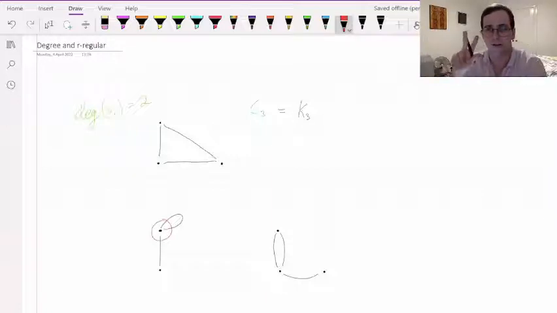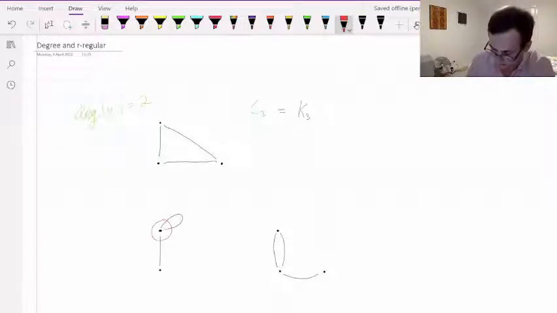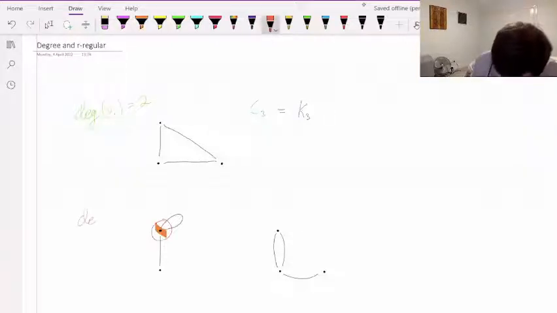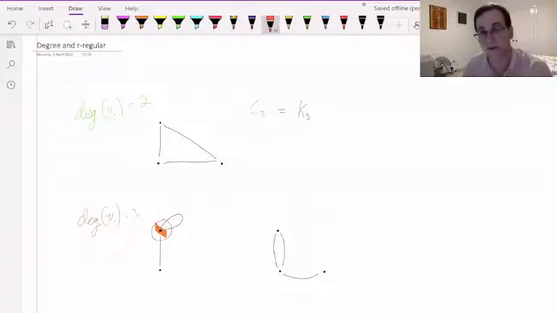However, that's still 3 in total. So we can see here our degree of our orange vertex, I'm going to call this one V1, is actually equal to 3, even though there's only 2 edges. Loops can be a little confusing. Just remember, draw the circle.